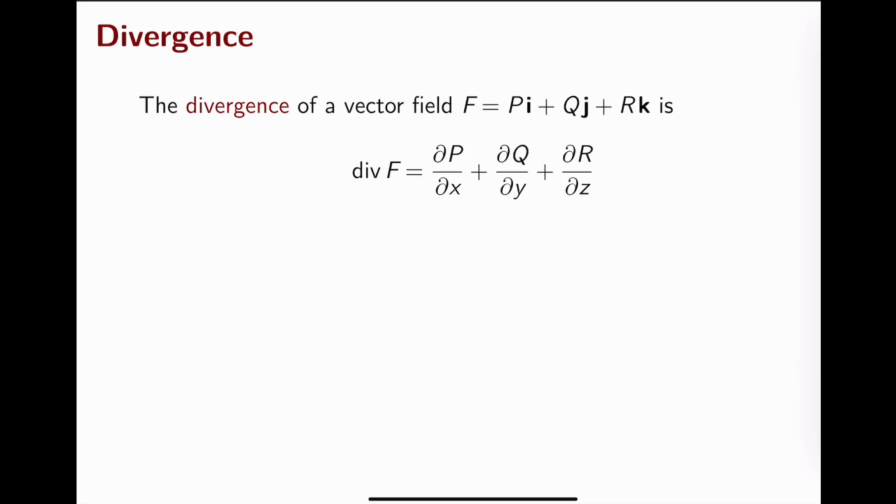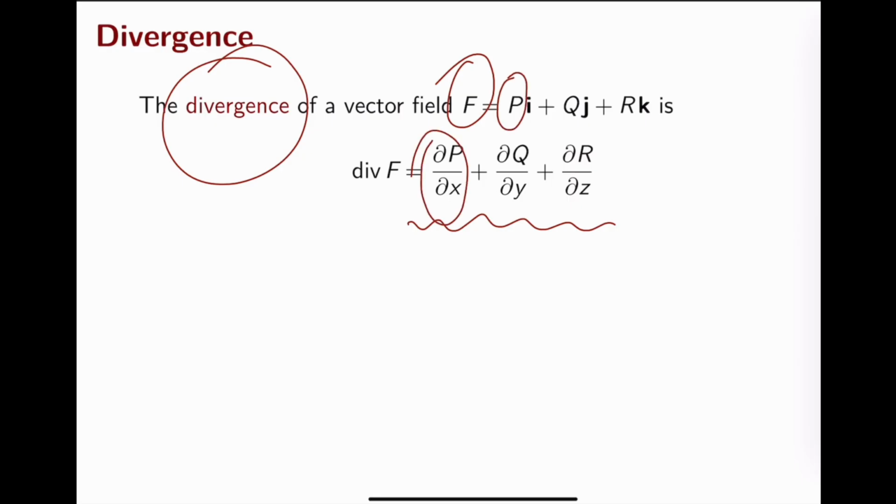The divergence of a vector field is a number, a scalar quantity associated to the vector field that is calculated in this way. We calculate the partial derivative with respect to x of the first component, with respect to y of the second component, and with respect to z of the third component.